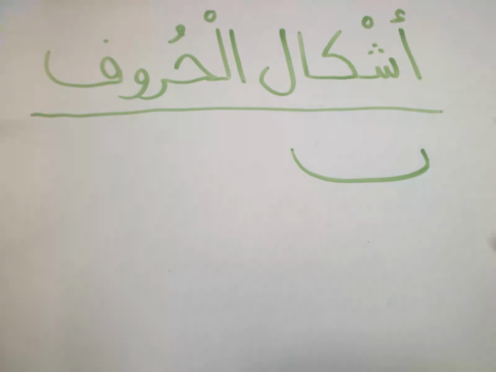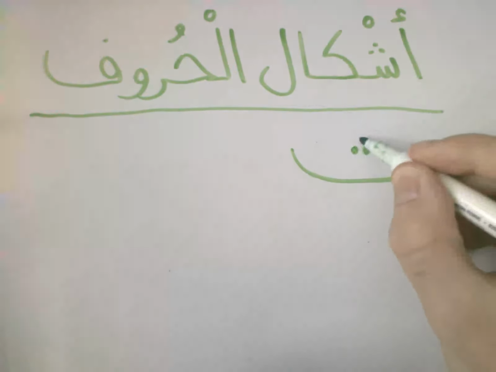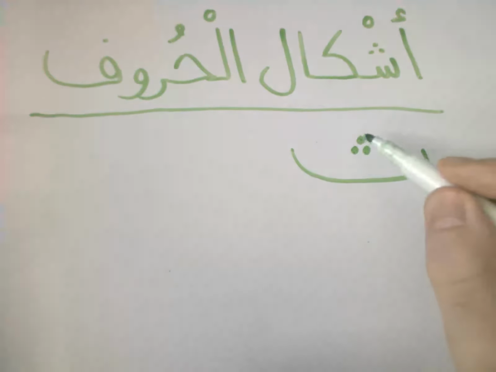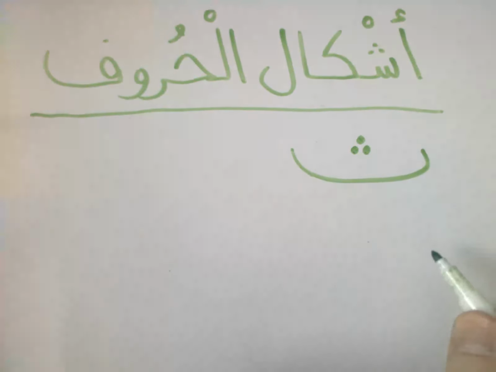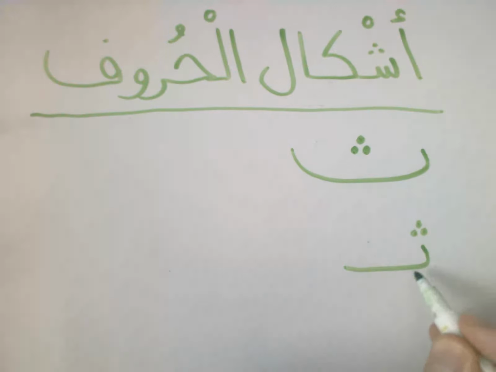But now for ثاء, we simply add a single dot above the 2, and this becomes that. So for the initial form, it's the same exact form as the previous 2 letters. You're just making sure there are 3 dots instead of 2. This is the initial form.